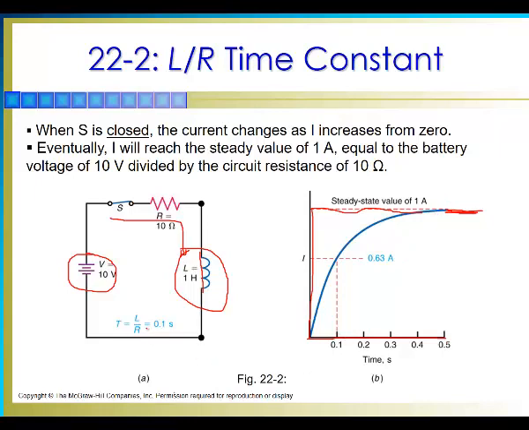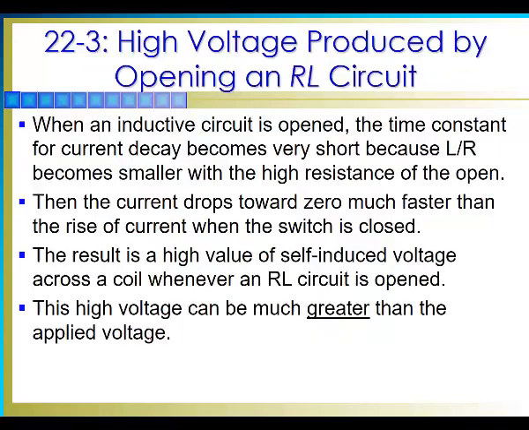Now, the time constant is obtained by dividing the inductance over the resistance. Okay, in this case we have a set amount of resistance of 10 ohms, and that's why it only takes 1 second. Now, notice that the resistance is in the denominator, right? So the bigger the resistance, the smaller this value is going to be.